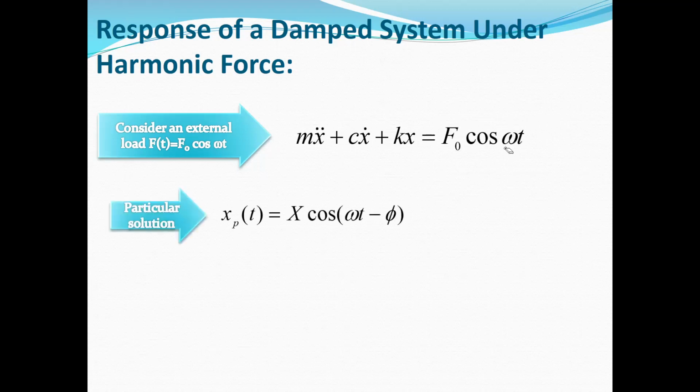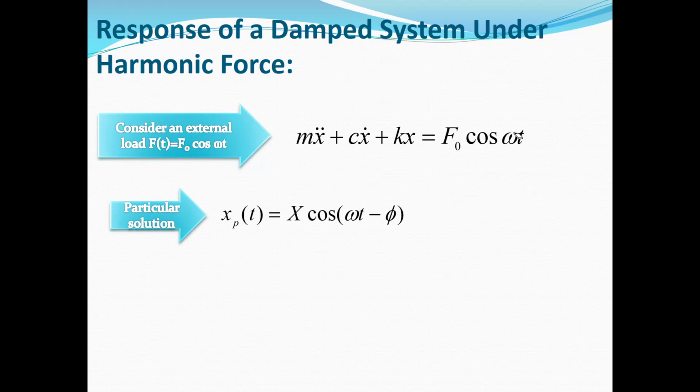According to the form of the non-homogeneous term, or the external force, the particular response will be considered in this form. As you can see, it's equal to uppercase X, which in fact is the amplitude of the response, multiplied by cosine omega t minus phi, where omega is the frequency of excitation.